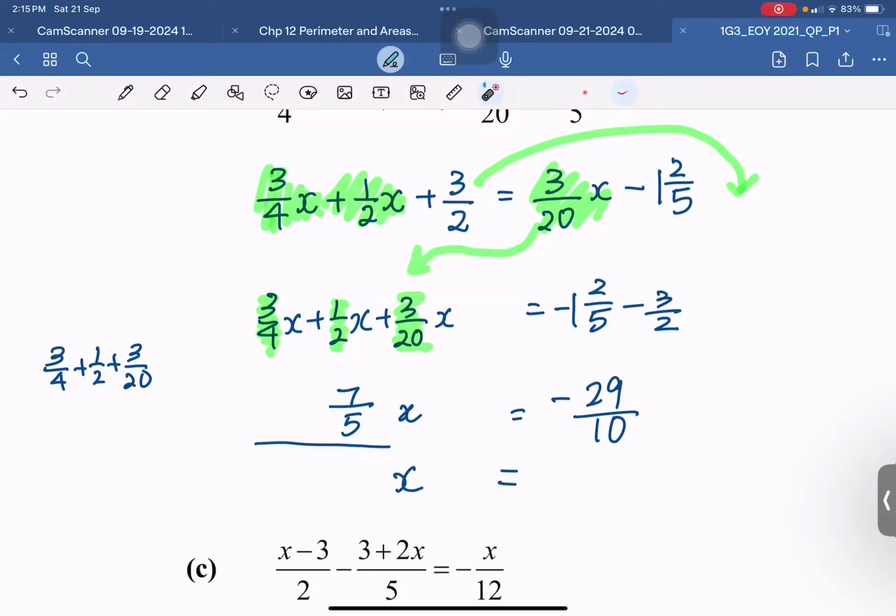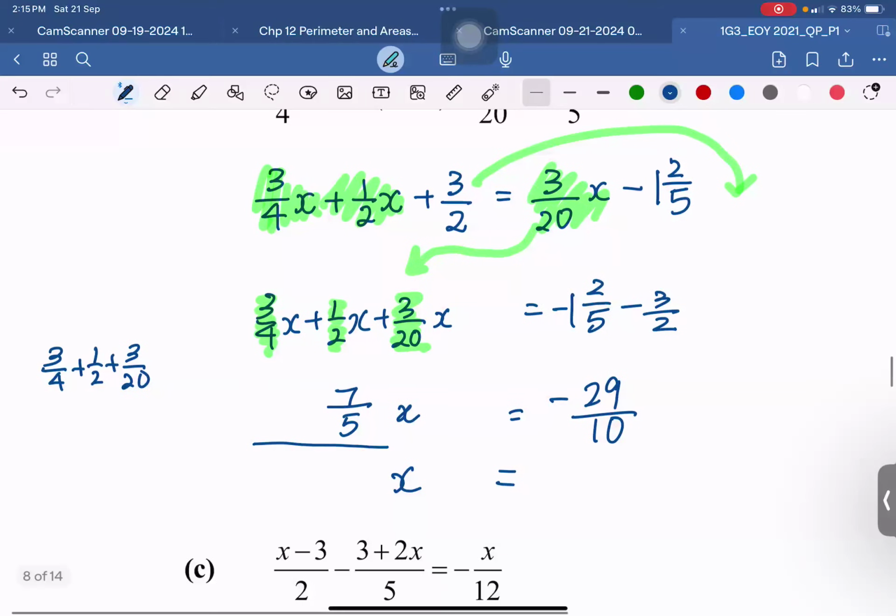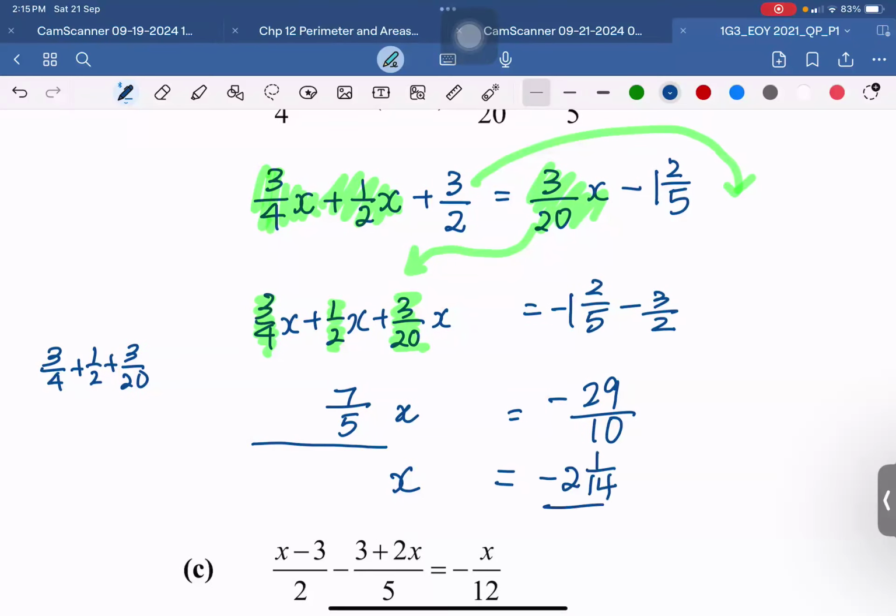Okay, thank you. Divide by 7/5. Then I got my answer. It's not a nice number. What will you leave it as? Mixed number. You will keep it as a mixed number. Then that will be negative 2 and 1/14. Is it correct? Yeah. Okay.